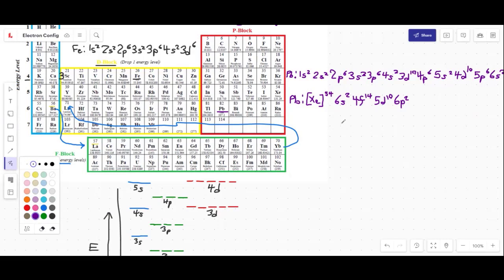So I like to draw orbitals not necessarily as lines, but as boxes, and you can really do either one. With lead, an S subshell has only one orbital, so I would draw one box. And I could even label it as a 6s. Now the 4f subshell has 14 electrons.